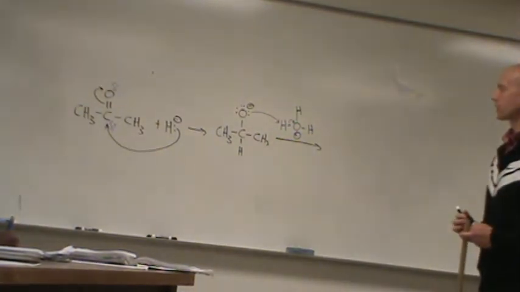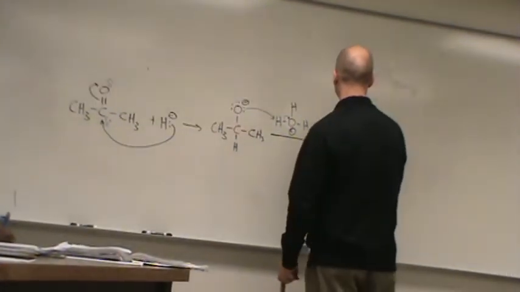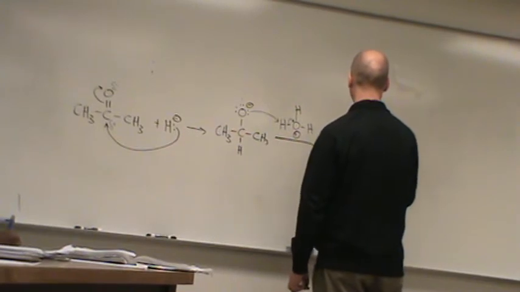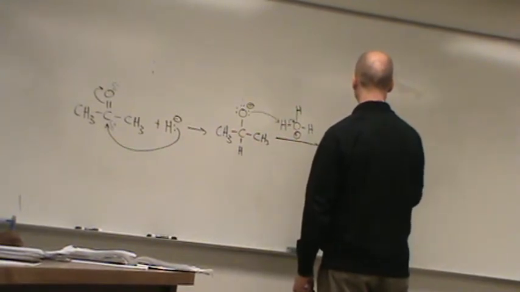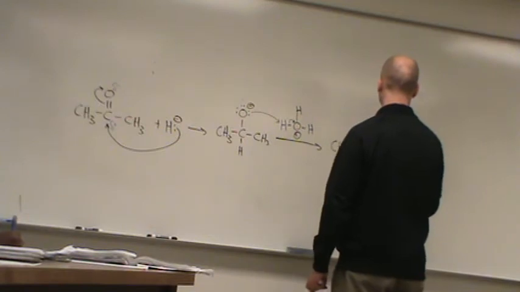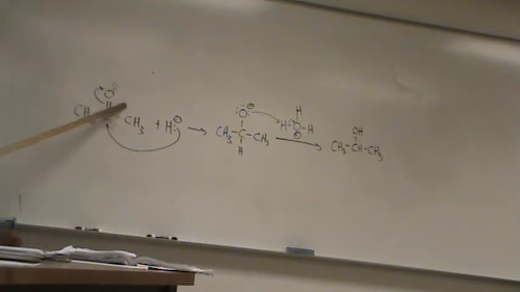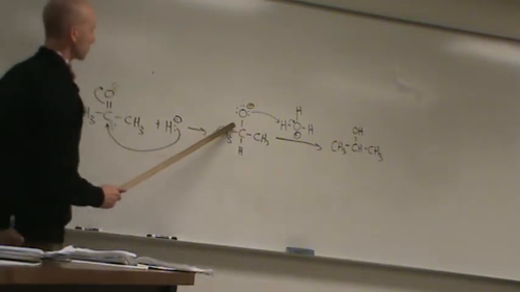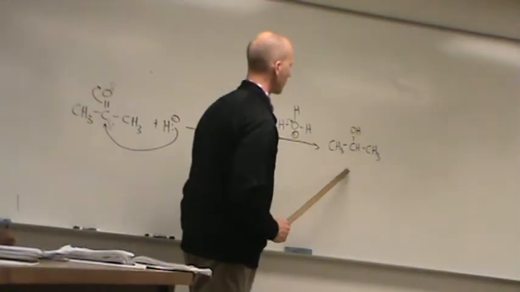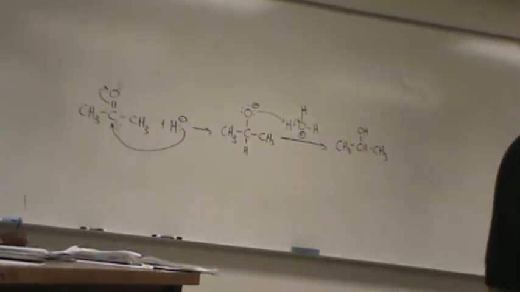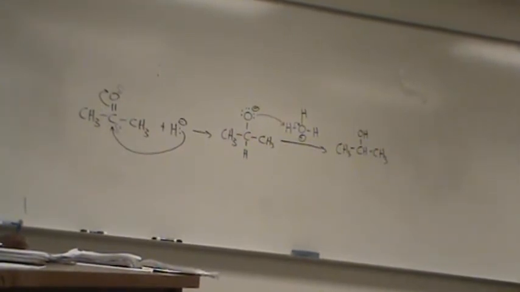So the oxygen gets a proton, and we get an alcohol. So this is how the carbonyl can be reduced to the alcohol. Any questions on that mechanism?